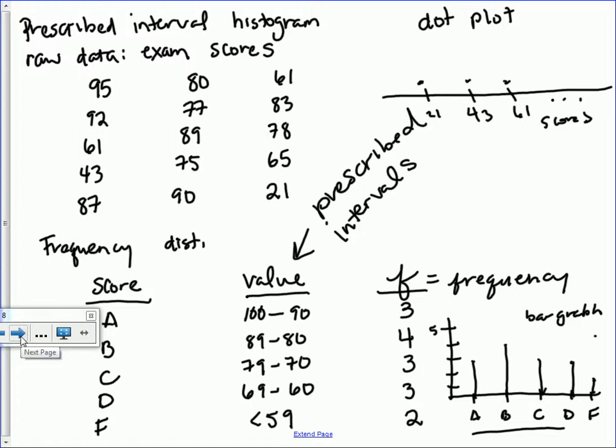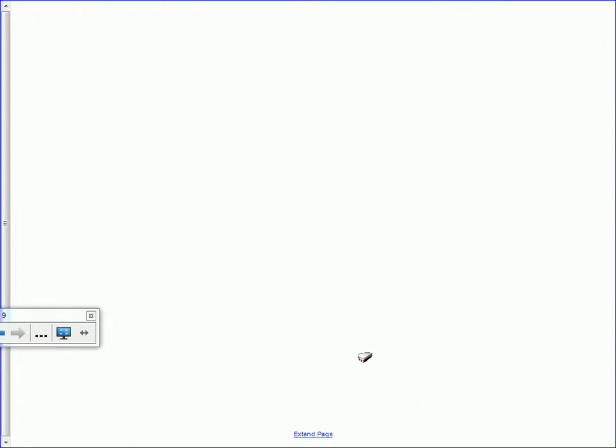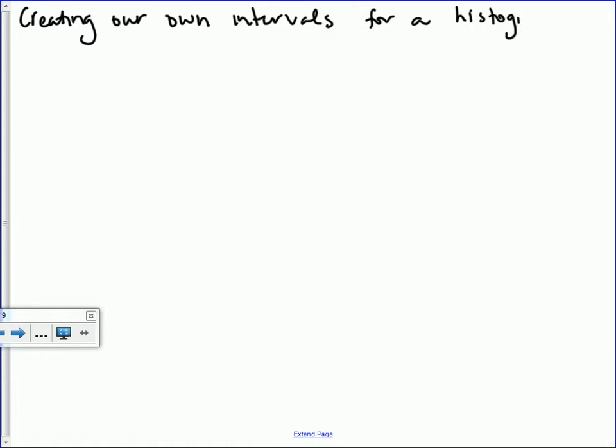The next thing we need to talk about is when we have to create our own intervals. So creating our own intervals for a histogram.